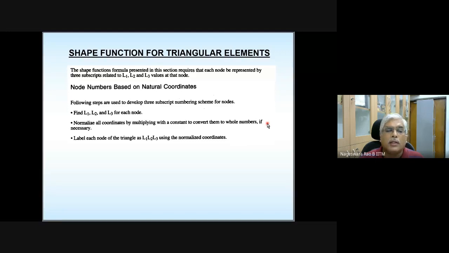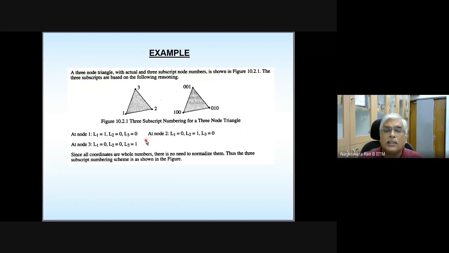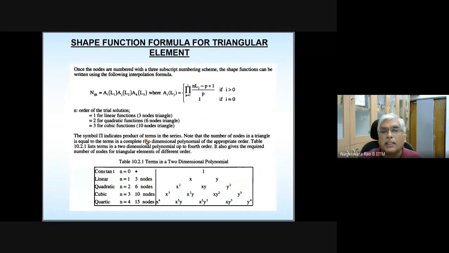see an example. And once you calculate L1, L2, L3 for each node, label each node of the triangle as L1, L2, L3 using the normalized coordinates. So once you label each of the nodes using this L1, L2, L3, then these are the examples. We'll see this. Then you can make use of this formula.